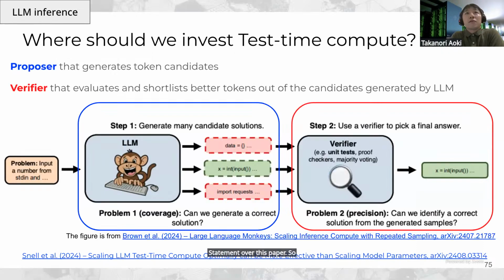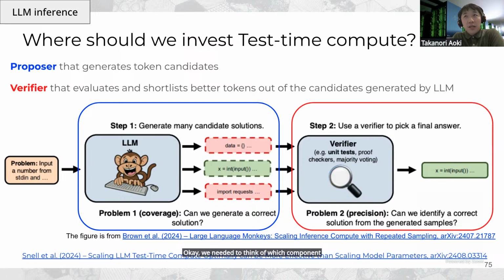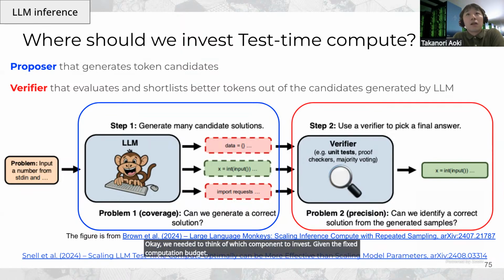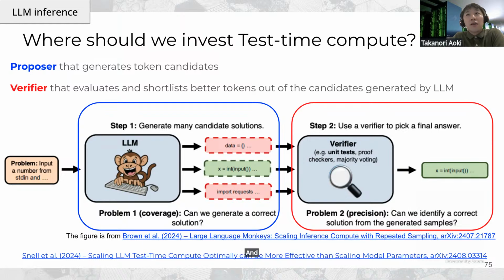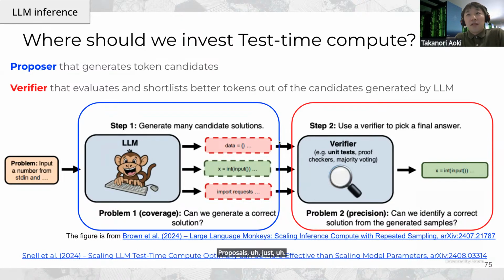So when we think of test time compute, we need to think of which component to invest in given the fixed computation budget. For inference time, there are two players. One is the proposer, on the left-hand side, circled in blue. The proposer generates token candidates given the prompt and the pre-trained large language model.